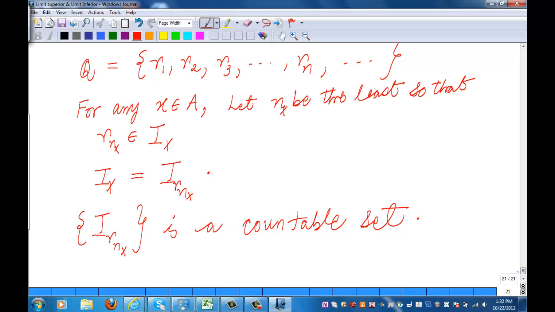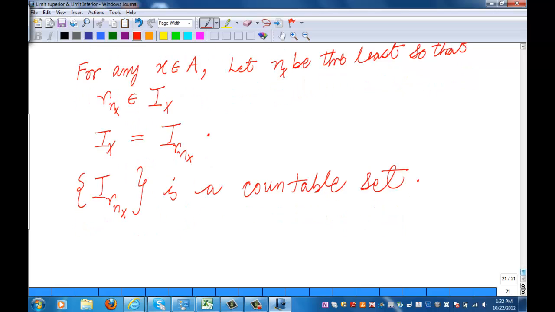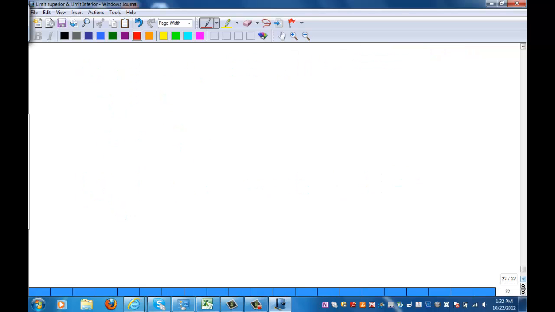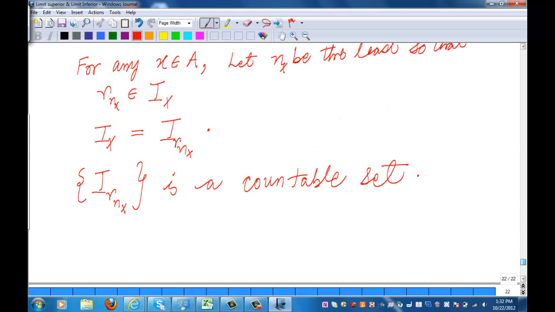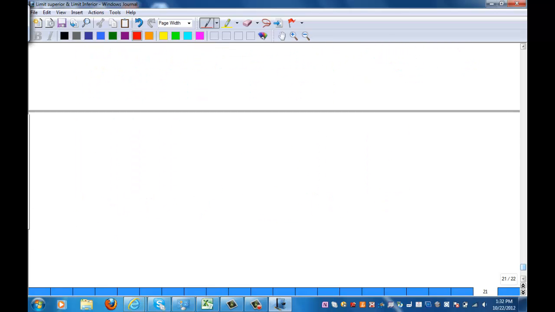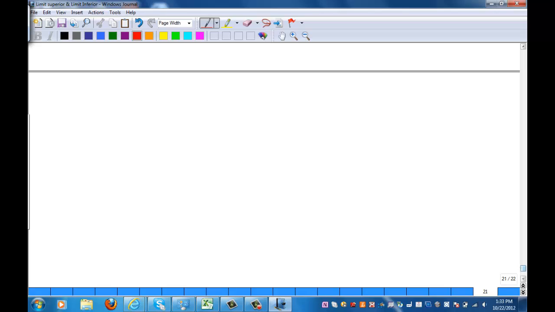Now, the point I have to address here is why is Ix the same as I_Rnx. Why is that true? Think about it this way. Here you have the interval, here you have x, and here you have ax, and maybe bx is here.